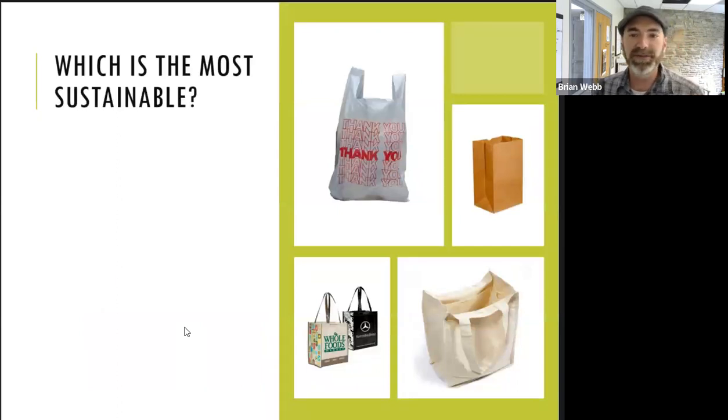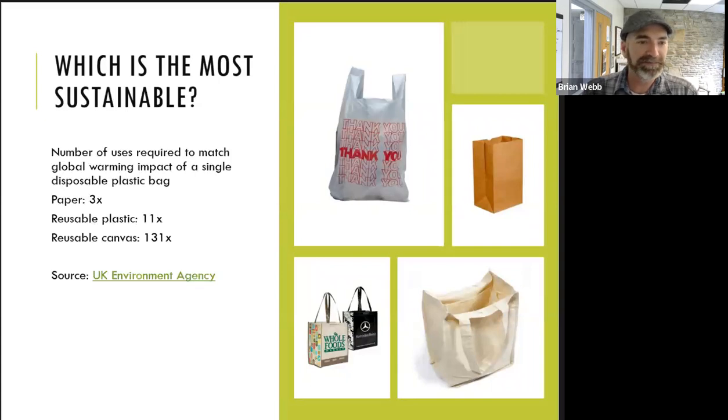Oftentimes questions don't really have easy answers either. Like, which is the most sustainable of these options? What do you think? Is it the disposable plastic bag, the paper bag, the reusable plastic bag, the reusable cloth bag? The answer is a little more complex than you might think. Particularly if you look at what the global warming impact of each of these products looks like.